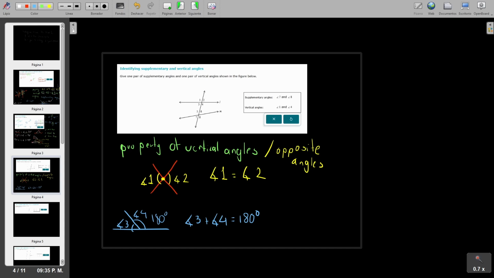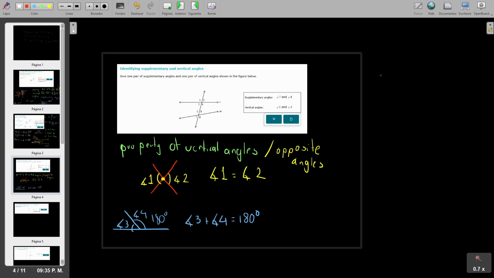So, supplementary angles: which of these angles have a sum equal to 180 degrees? This means the angles are going to be angle number 1 and angle number 2.